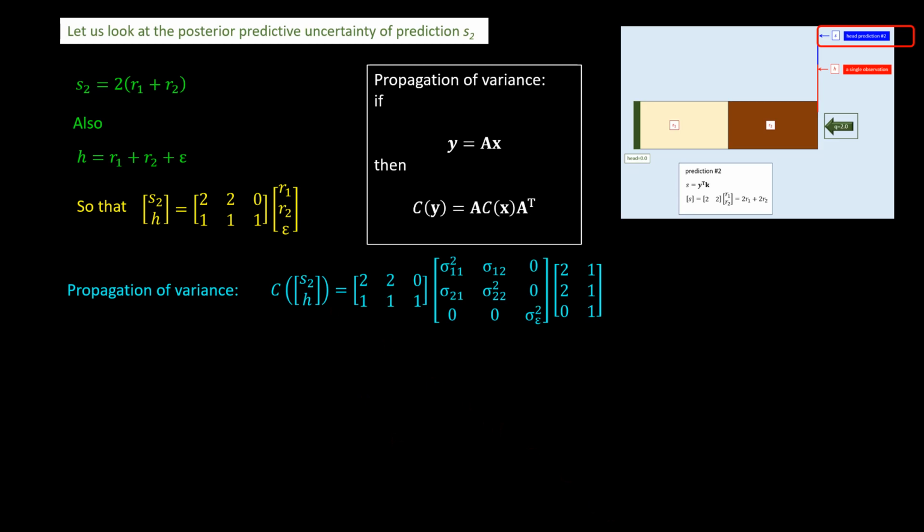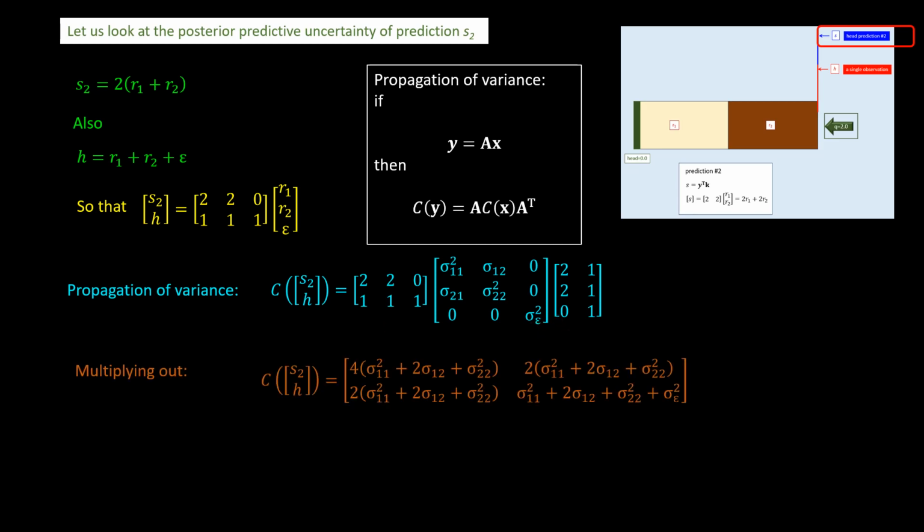Propagation of variance, as we did before, we obtain a covariance between the head and the prediction. We need this covariance because this allows us to apply the conditioning equations that we discussed before. If we multiply out this equation, we obtain the brown equation.